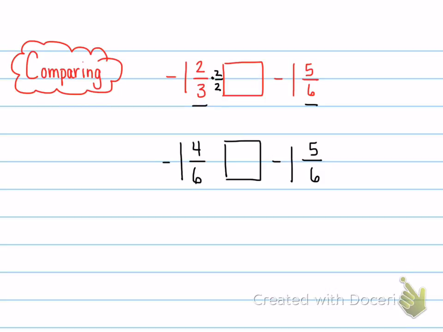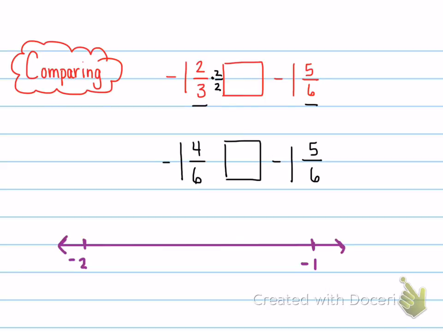Now, when I make my number line to help me understand this, I'm realizing that I only need to have negative 1 to negative 2, because those numbers are going to be in between there.